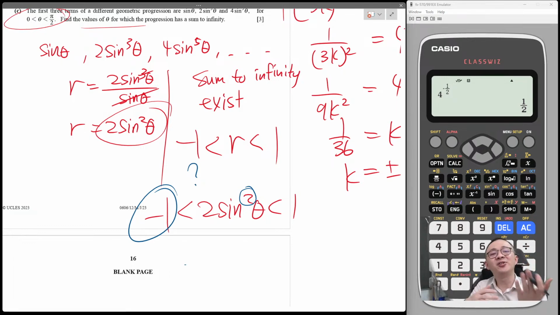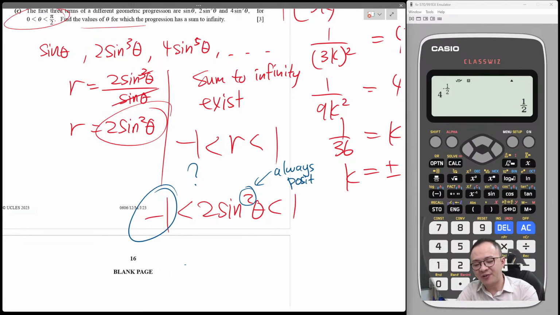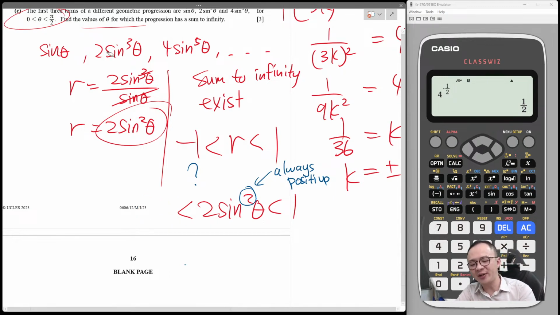This is not possible, right? Because no matter what value you sub into sine theta, eventually it will become positive value. Because it has square. You square whatever value, so here you will get always positive, isn't it? So if this is always positive, the -1 shouldn't exist here. So the nearest or closer value you can take will be 0.